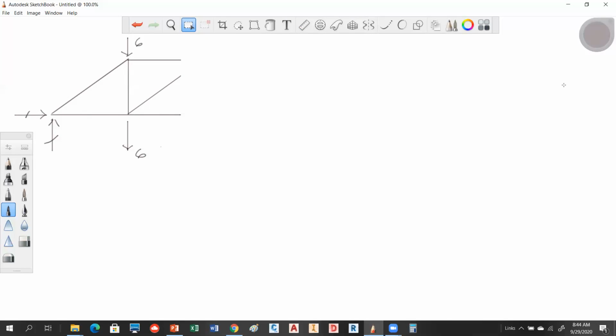Okay, so this diagram is all critical. Oh, I hadn't put everything in here yet. So I know that this is 18 kips, and this is 0. Does everybody agree with that?